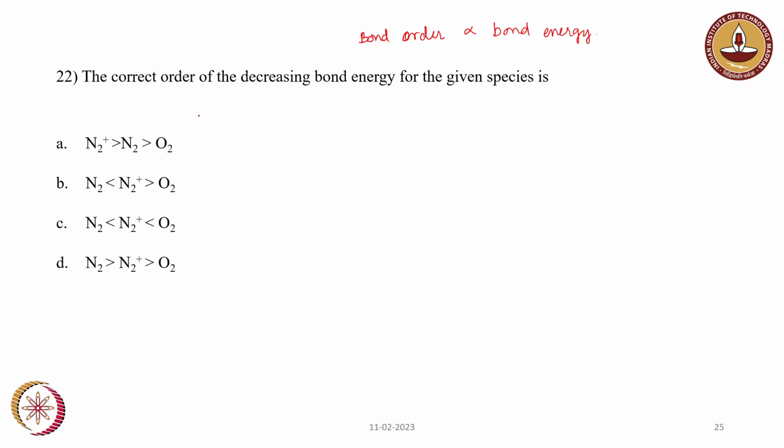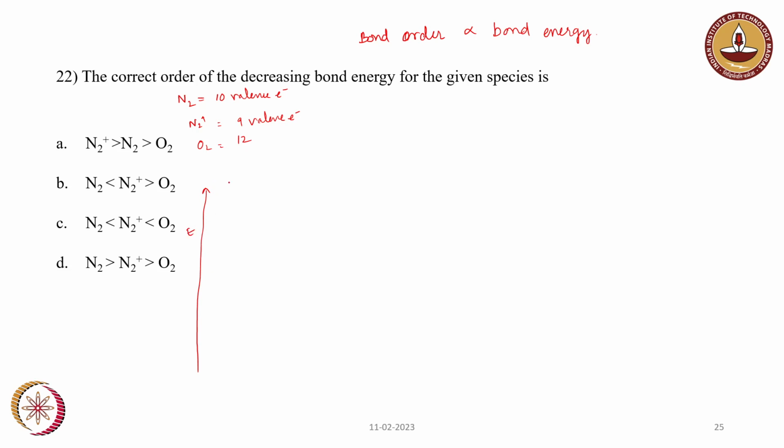So for N2 we have 10 valence electrons, in N2 plus we have 9 valence electrons, and in O2 there are 12 valence electrons. So we can do the molecular orbital for each of these.